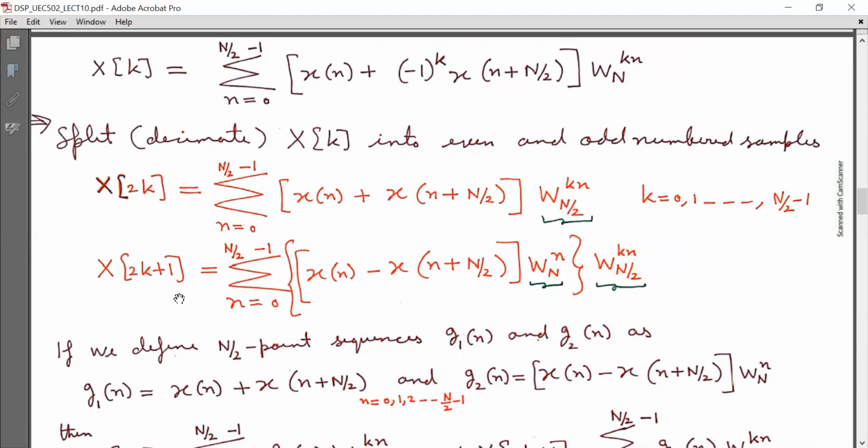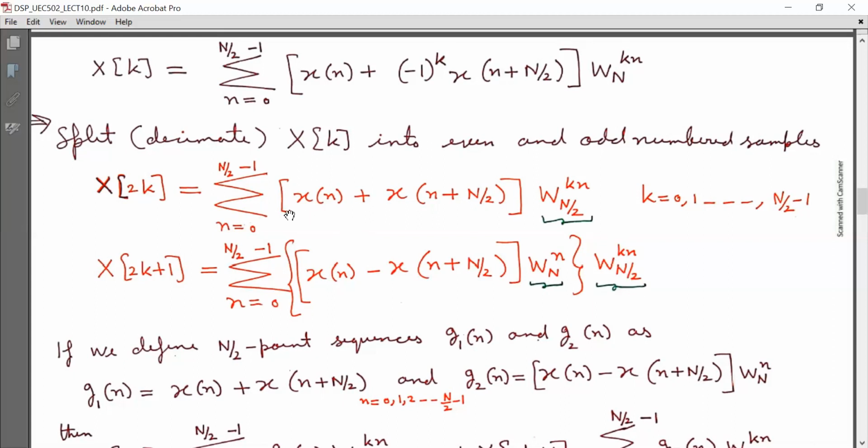And the odd samples in the frequency domain, the capital X2k plus 1 is equal to summation n running from 0 to N by 2 minus 1, xn minus x n plus N by 2, bracket closed, multiplied by W raised to power n with base N, and the whole term is multiplied by W raised to power kn with base N by 2, like this.